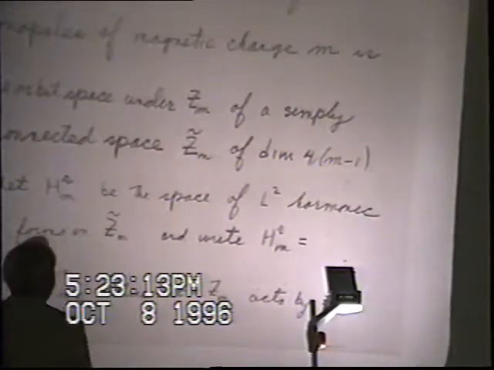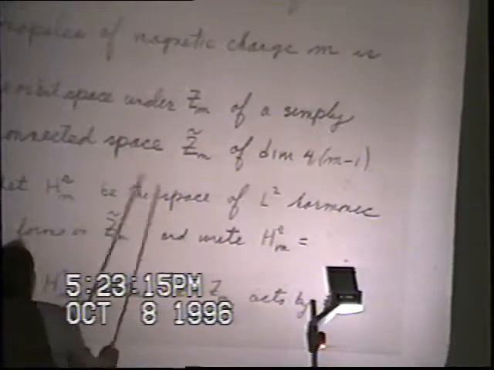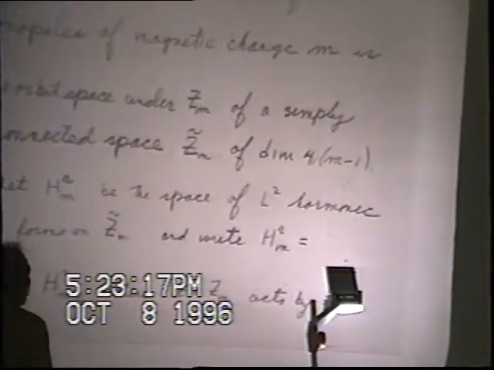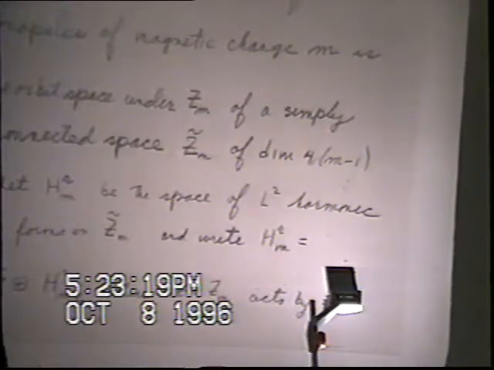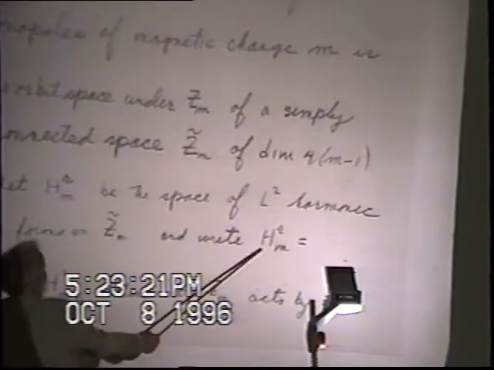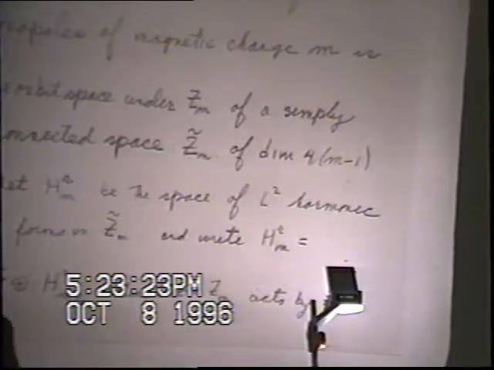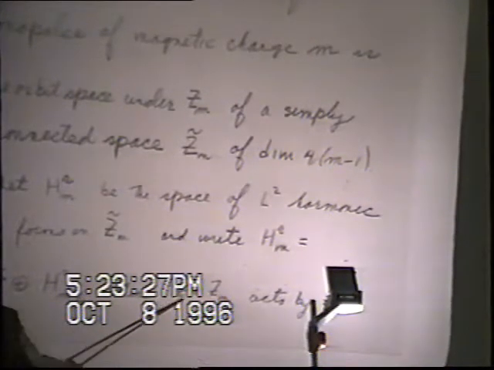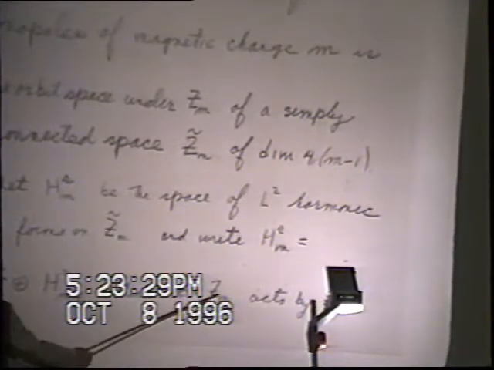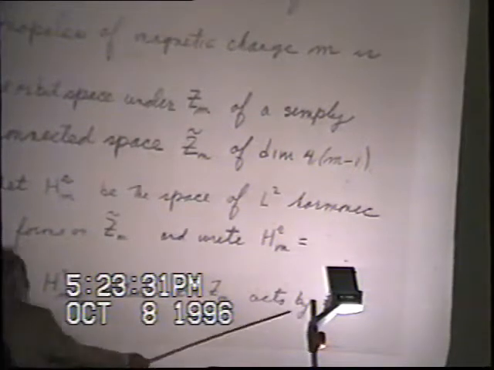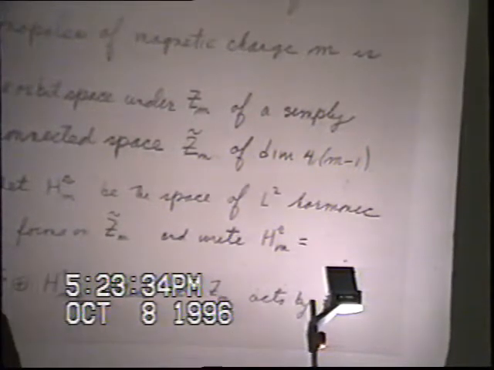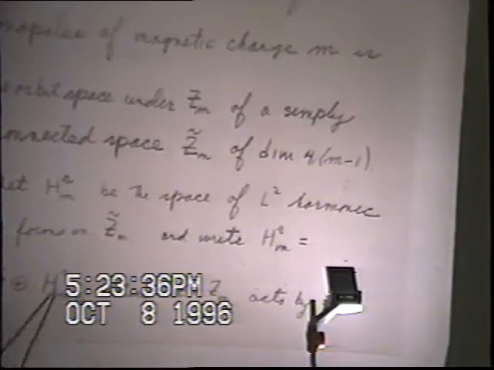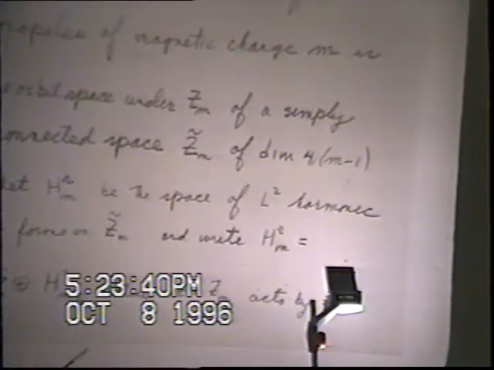Let H^r(m) be the space of L2 harmonic r-forms on this space, and split the harmonic forms into a direct sum of pieces on which this generator of the cyclic group of order m acts like e to the power of the charge. Magnetic charge, relative and electric charge, really.